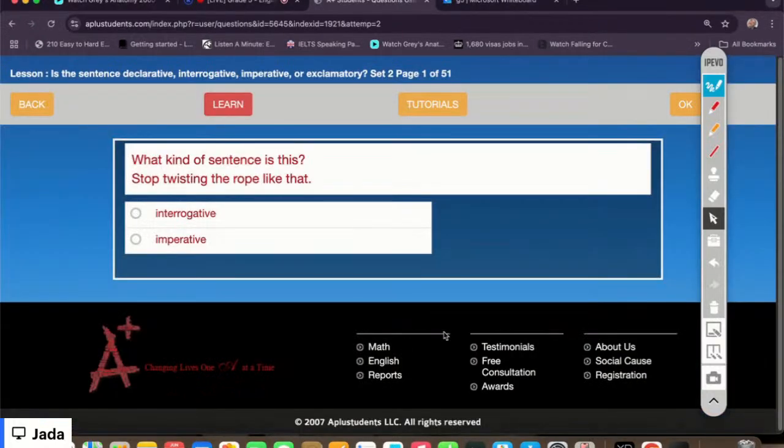All right, so what kind of sentence is this? Stop twisting the rope like that. Interrogative or imperative?